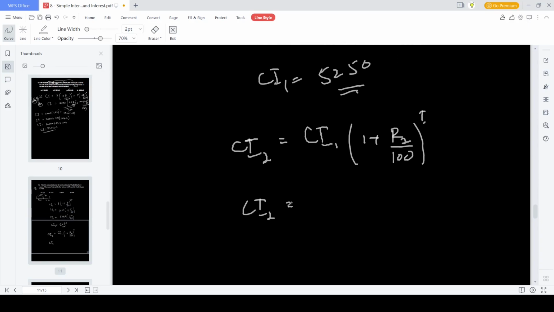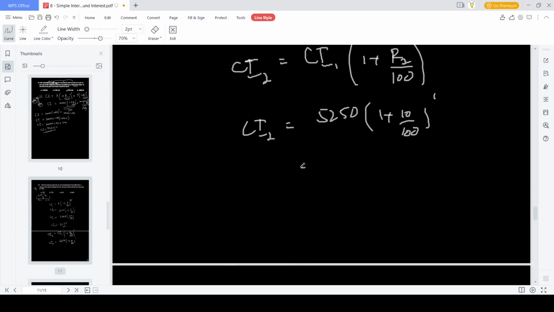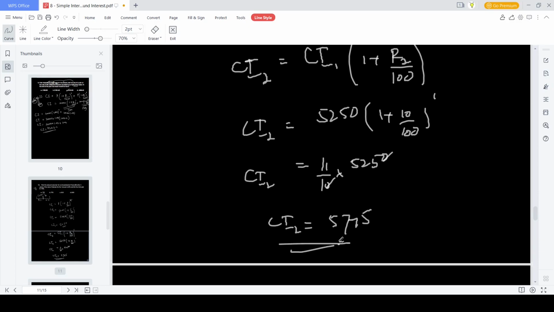So finally it will be 5250 into (1 plus 10 by 100) to the power 1. This is nothing but 11 by 10, because 110 by 100, so 5250 into 11 by 10. That is 5775, the amount at the end of the second year.